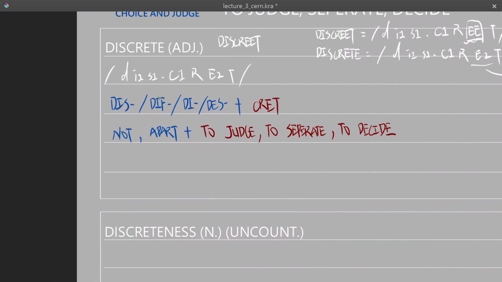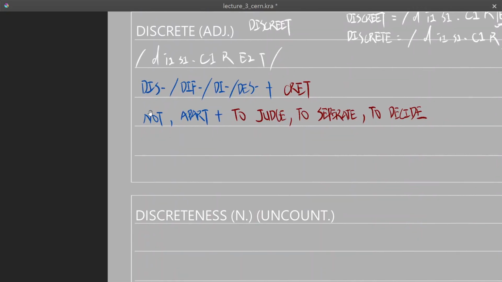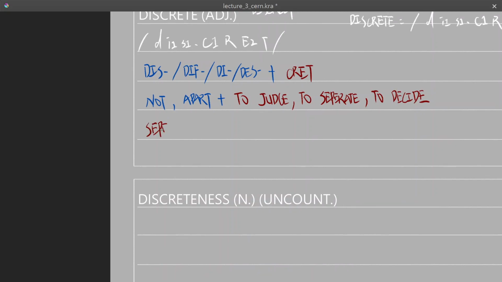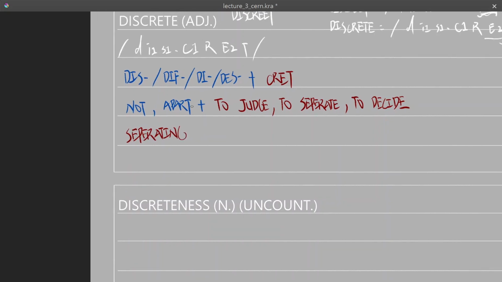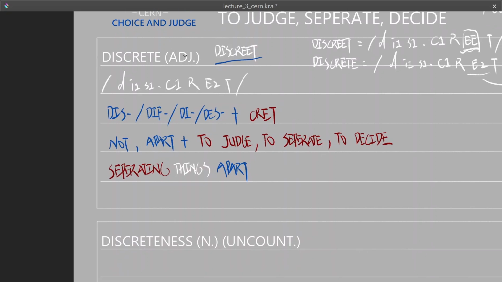Cool. So discrete literally means separating things apart. And this discrete means separating people apart. This one's used to describe things. This one is used to describe people.